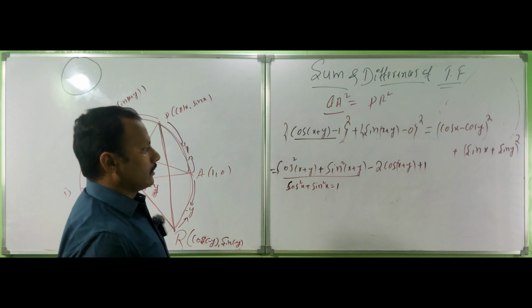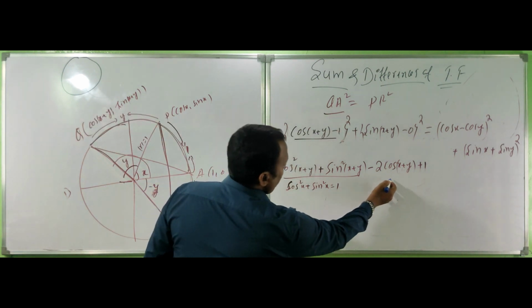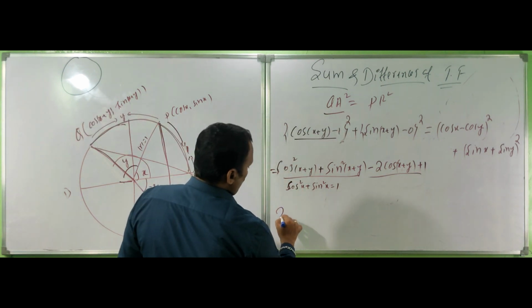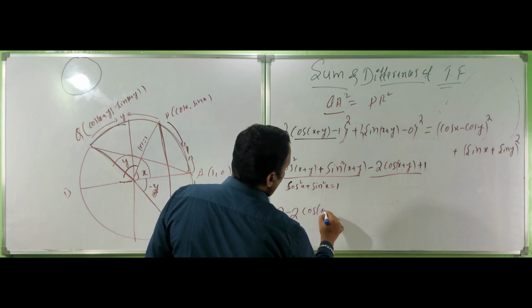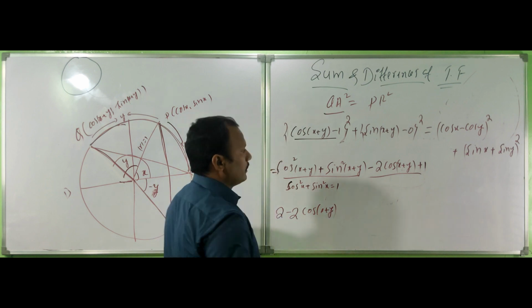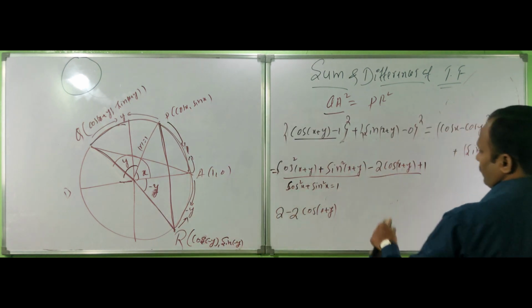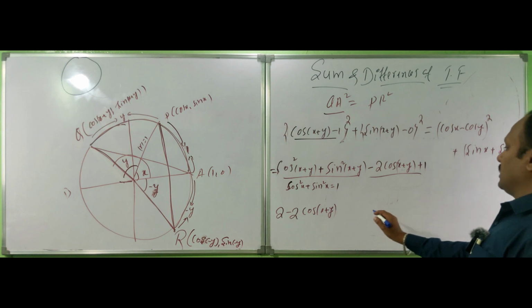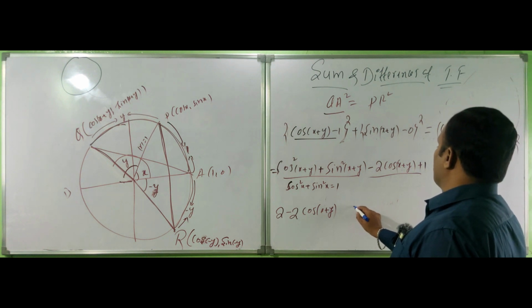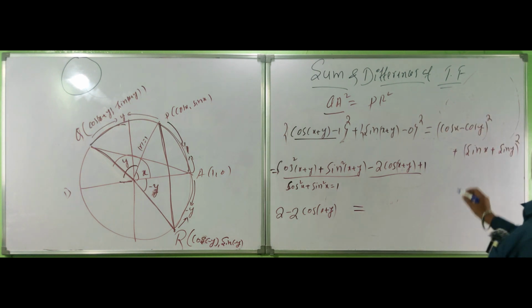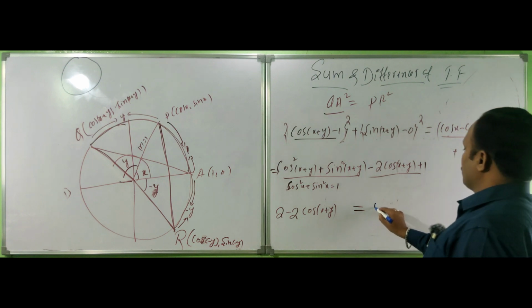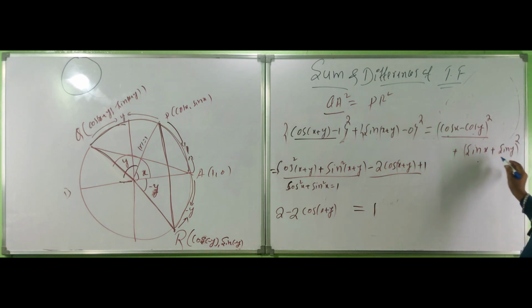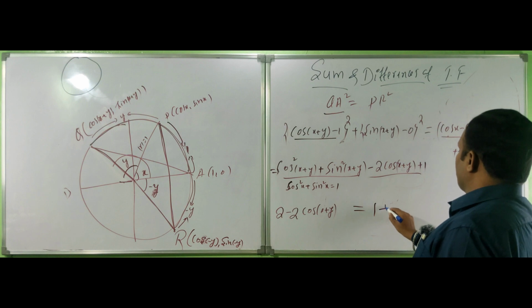So this one and this one become 2. That gives 2 minus 2 cos of x plus y. Then the expansion of the other side gives cos square x plus sin square x equal to 1, cos square y plus sin square y equal to 1.